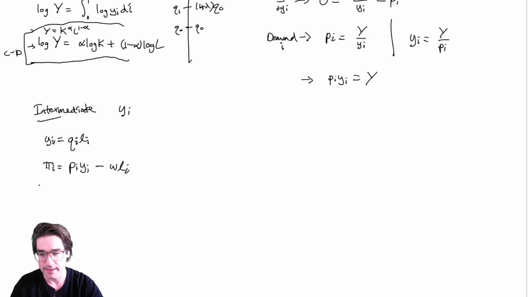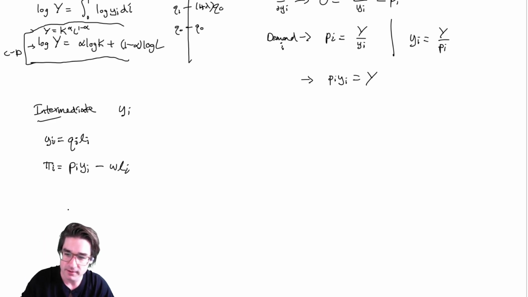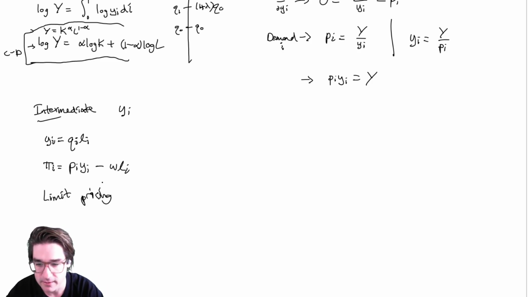So this is what's called limit pricing, and I believe this is what Yu-Chun was talking about in recitation. So what we're going to do as the leading firm, they're not a monopolist anymore, technically speaking.